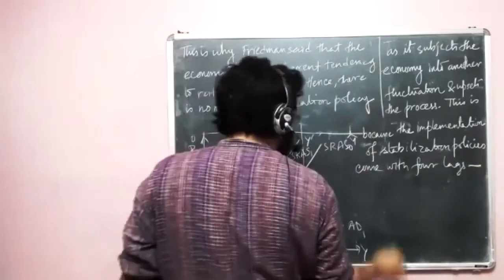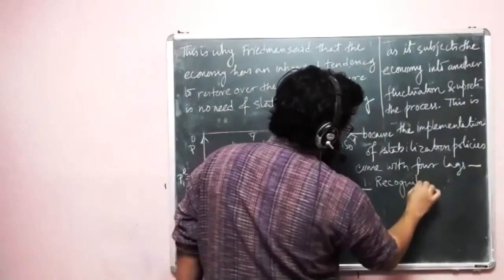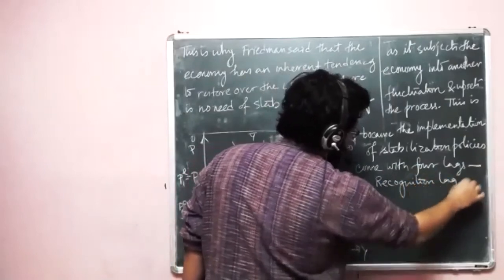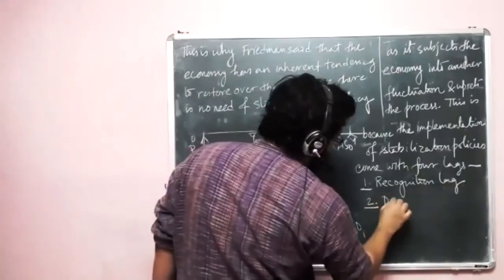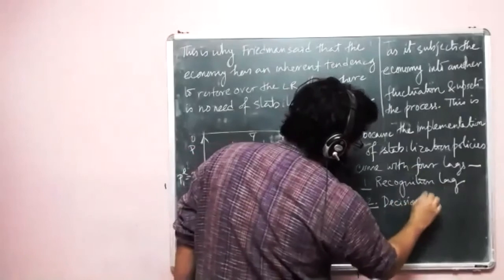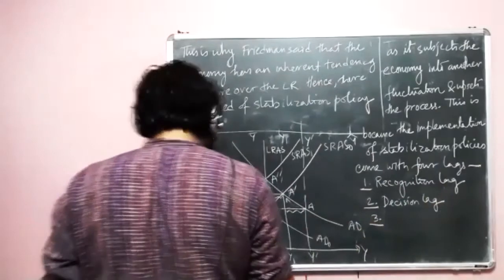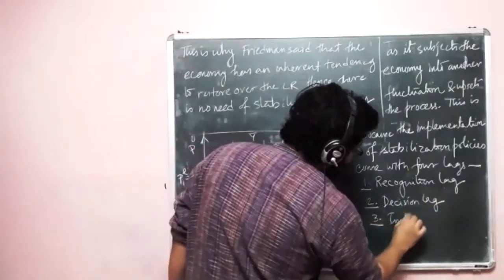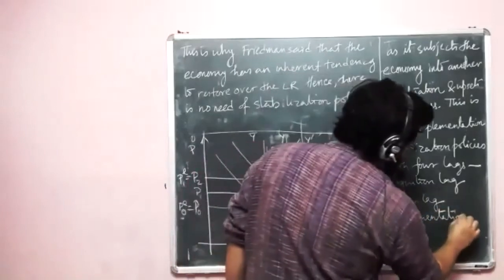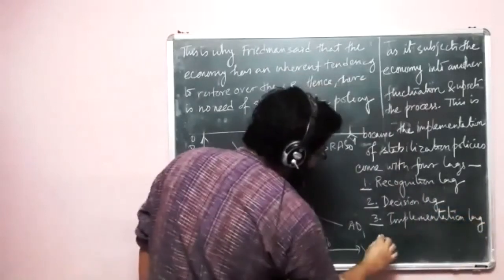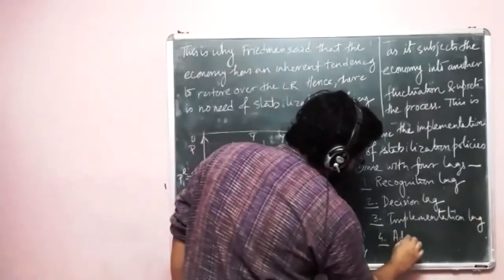And what are they? Recognition lag: what did actually happen? For that matter, something did happen. Then decision lag: what exactly to do? Then implementation lag, and then 4, adjustment lag.